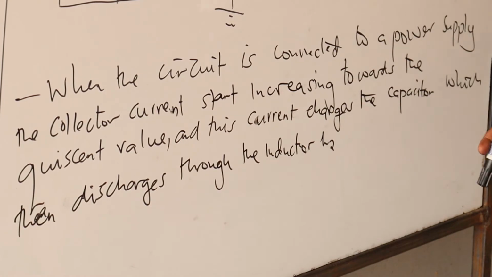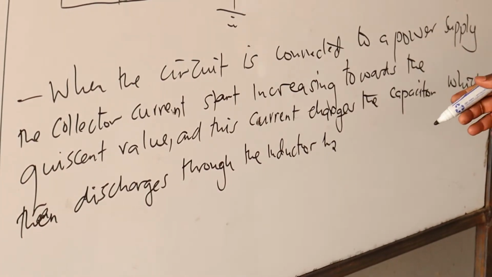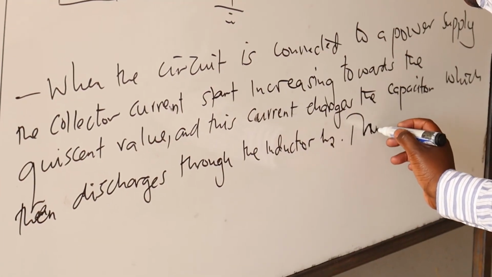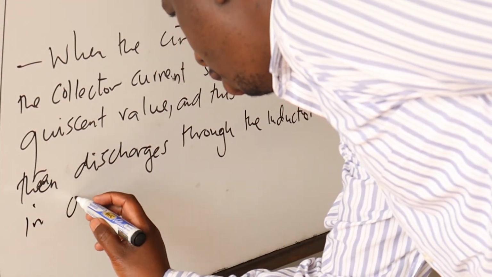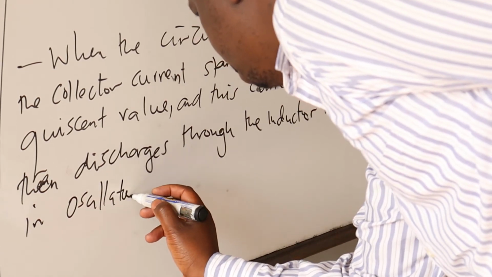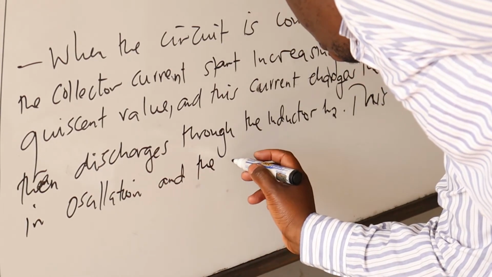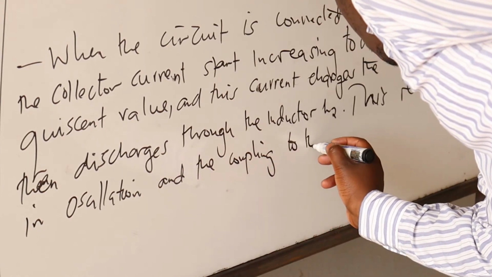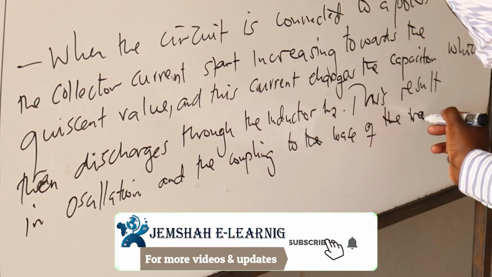So another statement we need to make: when this discharges through the L2, then we shall have an oscillation that's generated between the L2 and C1. So this results in oscillations and the coupling to the base of the transistor.